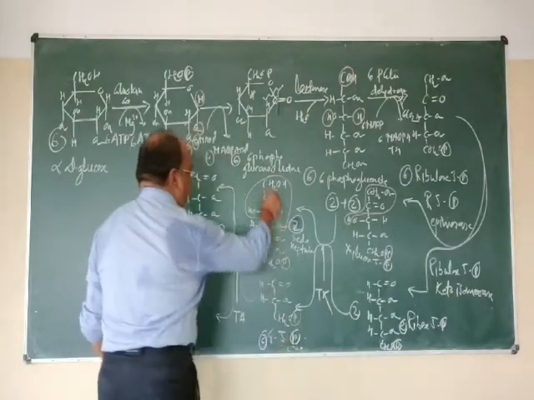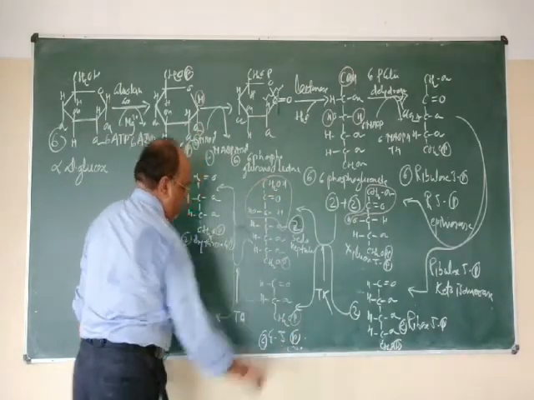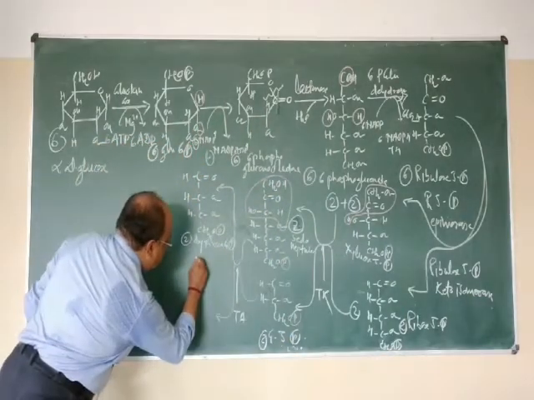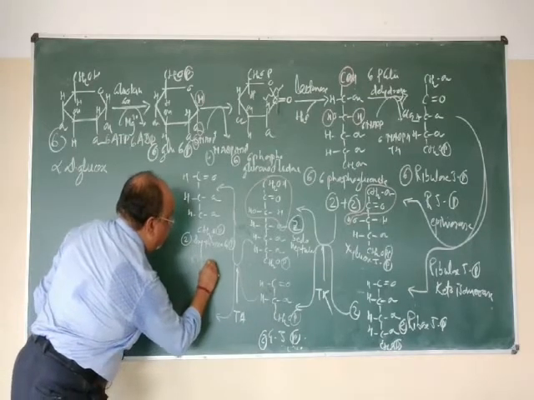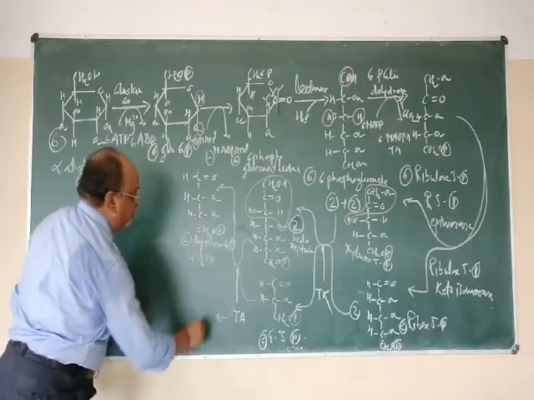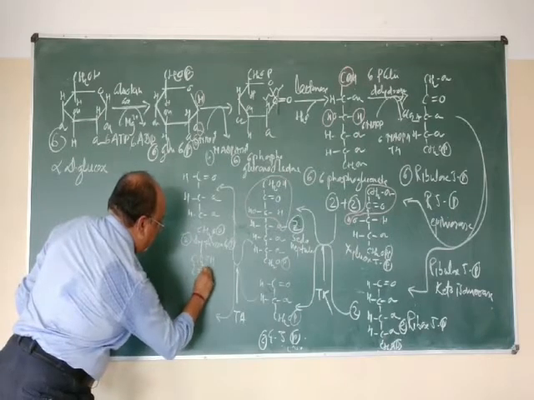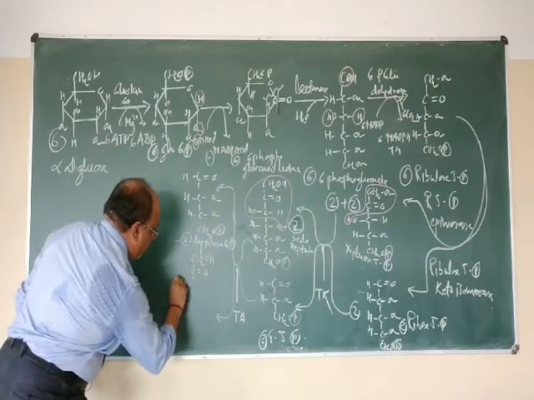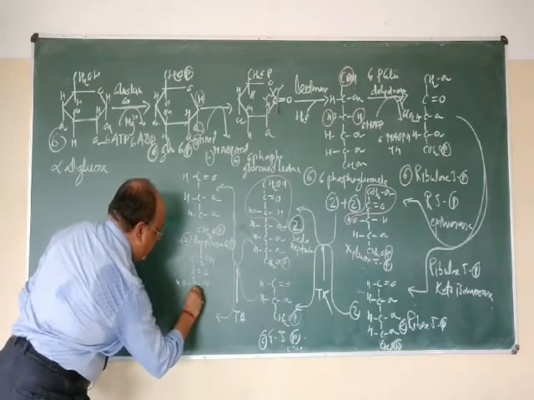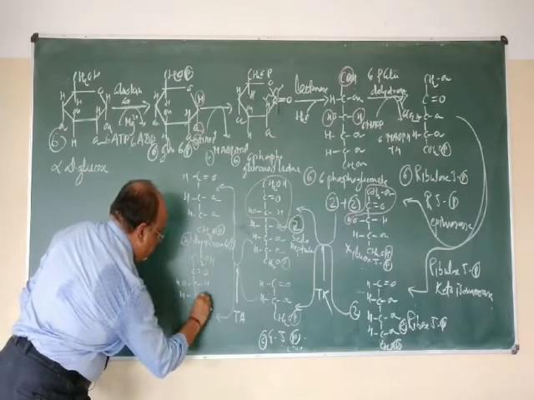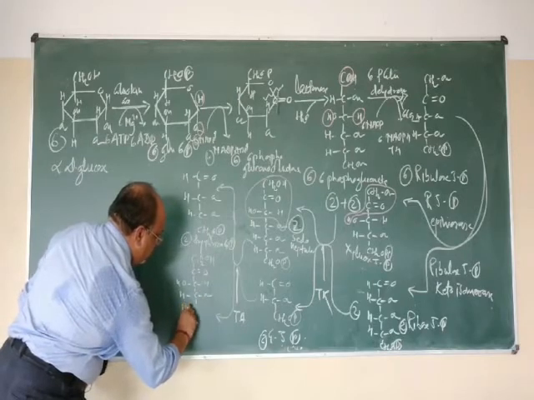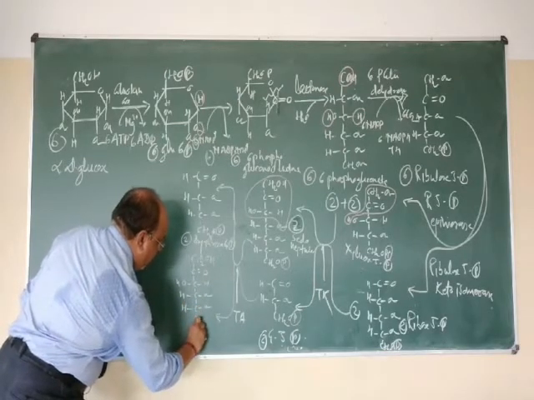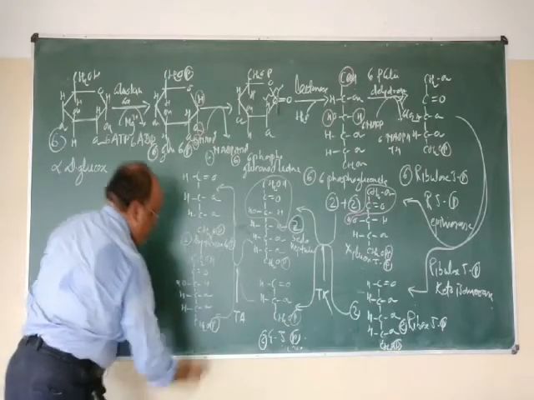And after shifting of these 3 carbons onto this one, it becomes CH2OH, C double bond O, then OH, CH, then HCOH, then HCOH, and CH2OP.